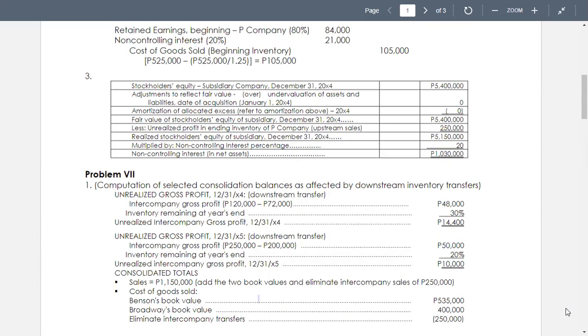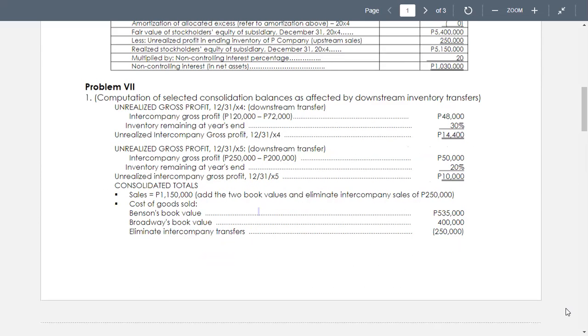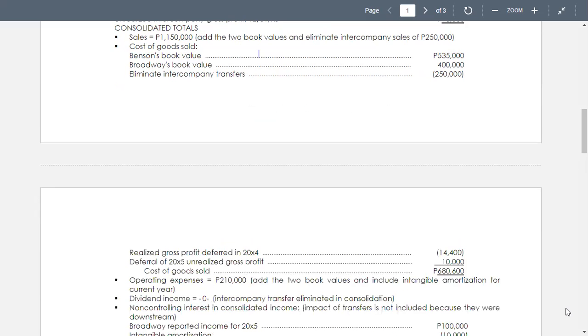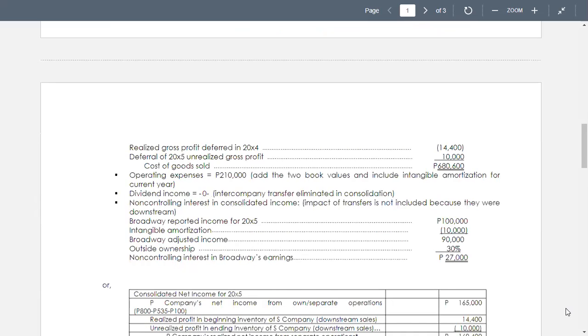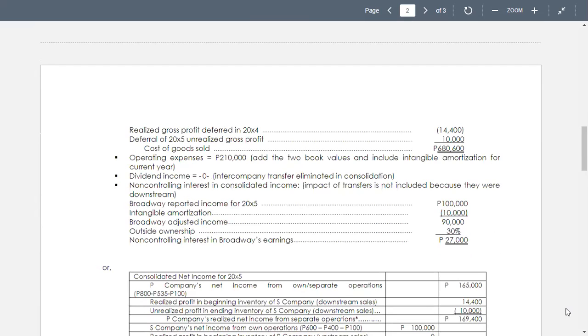So you have the difference of 685,000. To 685,000 you add 10,000. That gives you 695,000 and deduct 14,400. So you have the difference of 680,600.